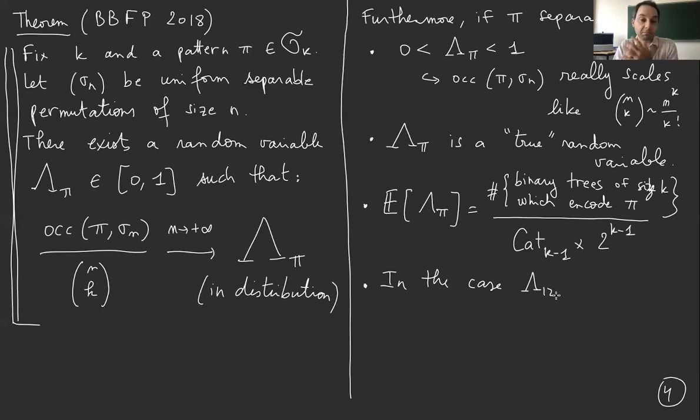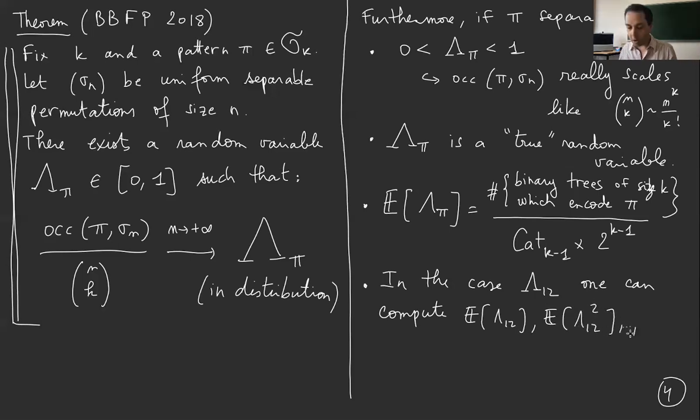We know almost nothing about lambda 1, 2, but we have complicated recursive formulas which allow us to compute the first moments of lambda 1, 2, up to the expectation of lambda 1, 2 to the 7, I guess.